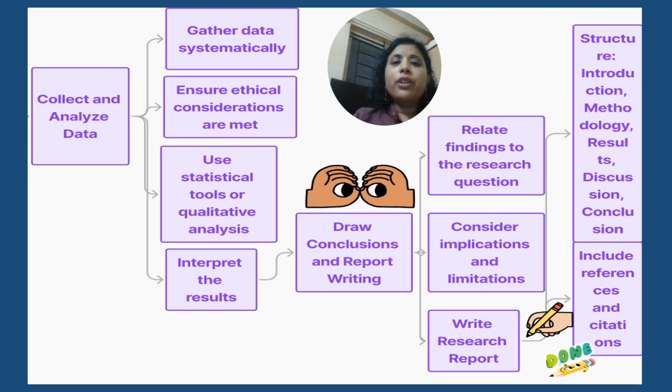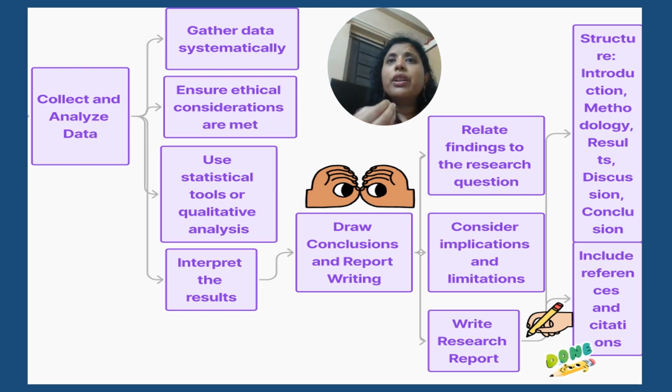Here we are talking about the last two phases. When you have already collected the data, you need to analyze the data. Say for example, I collected all these women interviews, women data from Bangalore. I have to analyze it, right?